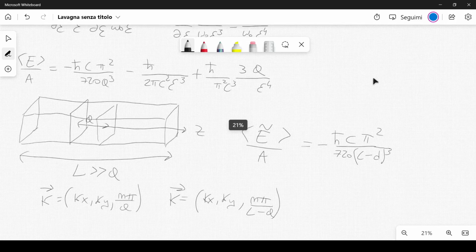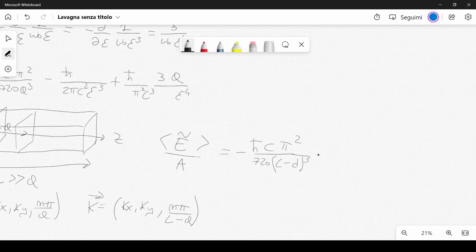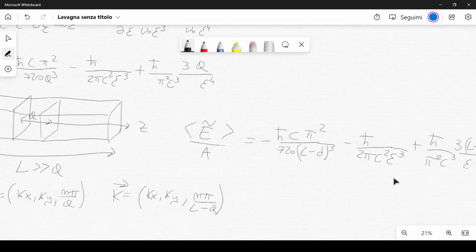And then we have minus h bar divided by 2 pi c squared epsilon cubed. And then we have plus h bar divided by pi squared c cubed, and then we have 3 (L minus a) divided by epsilon to the fourth. So what are we going to do with them?